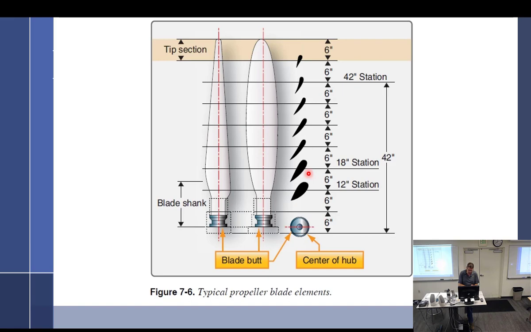Well, there's a reason behind that. Each one of these airfoils in one of these 1-inch sections is doing something different. Consider a circle, just moving around a circle. Things way out here at this 42-inch station and beyond are moving very, very fast.